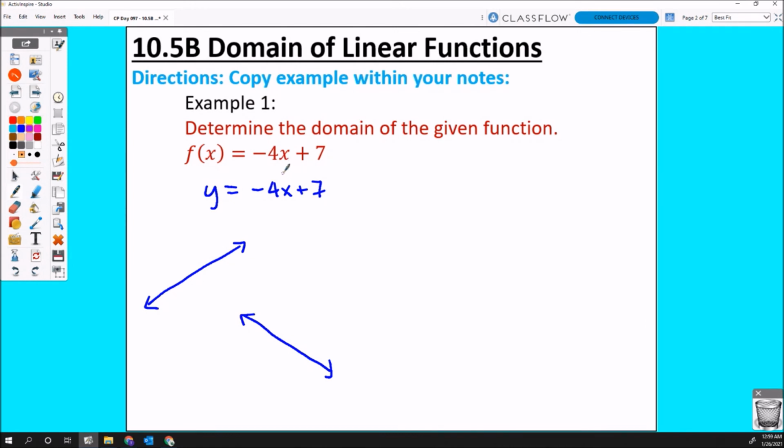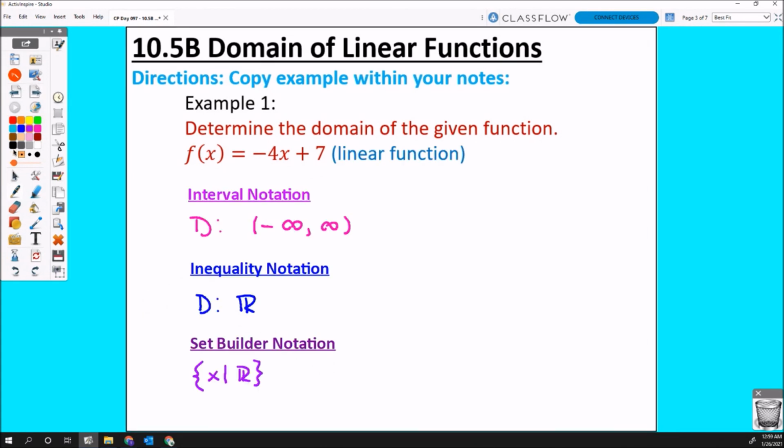So for all types of linear functions, the way to determine if it's a linear function is most of the time when the exponent on the x is 1. Now, you may be familiar with quadratic functions, where it has an exponent of 2.